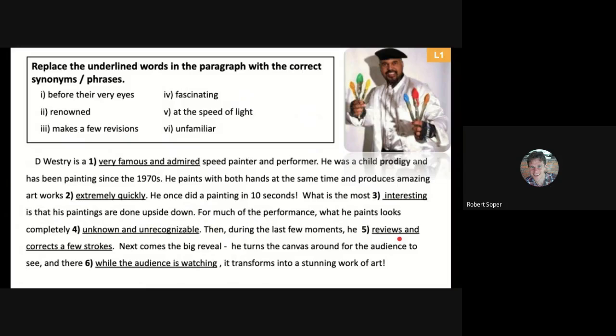So remember, if something happens before one's very eyes, it means it happens while somebody is watching. Here it says the audience is watching, so it's before their very eyes. Okay, their very eyes, all of their eyes. So before their very eyes, it transforms into a stunning work of art.